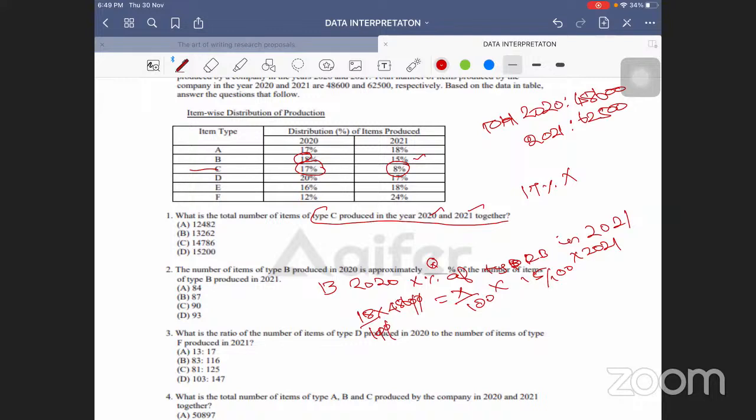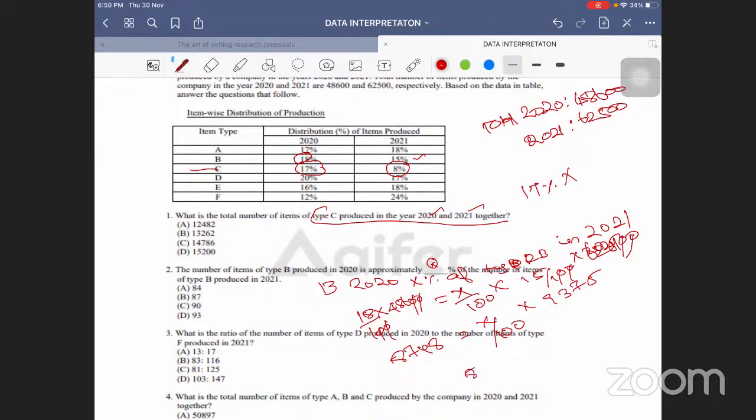What is the answer? 486 into 18 is around 8748. And X divided by 100 into 62,500, we cancel the zeros. So remaining is 15 into 625. So the answer is 9375.